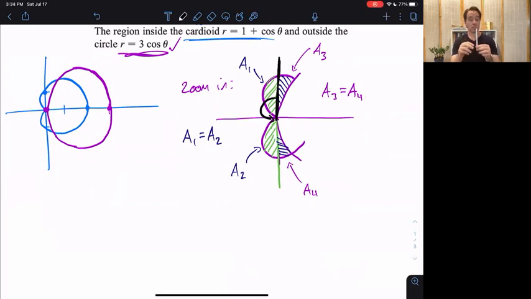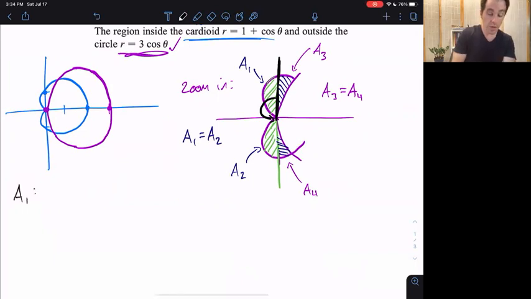Now, think about this. It's like the hands of a clock. Pi over 2 is noon. And then it ticks down to pi by going this way. So that's exactly what's happening here. You're rotating through that angle. So you're going from pi over 2 to pi.